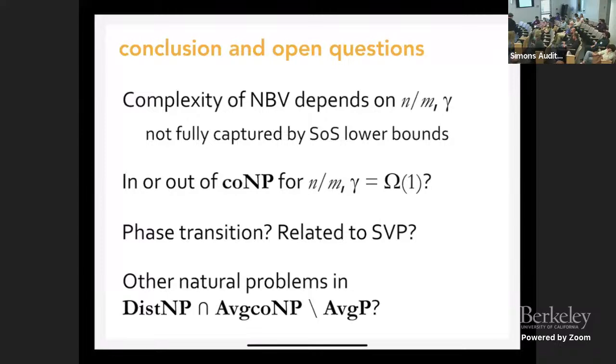This isn't a particularly clear question, but it looks like you're trying to relate this problem to the last problems. I'm wondering if you've thought at all about connections to planted clique. Well, for the setting of parameters that we looked at, where it's inside coNP, as far as I know planted clique is outside coNP. So we wouldn't expect a reduction from planted clique to this. Whether you can reduce this to planted clique, I have no idea. It's a good question, especially in this picture that I gave you.